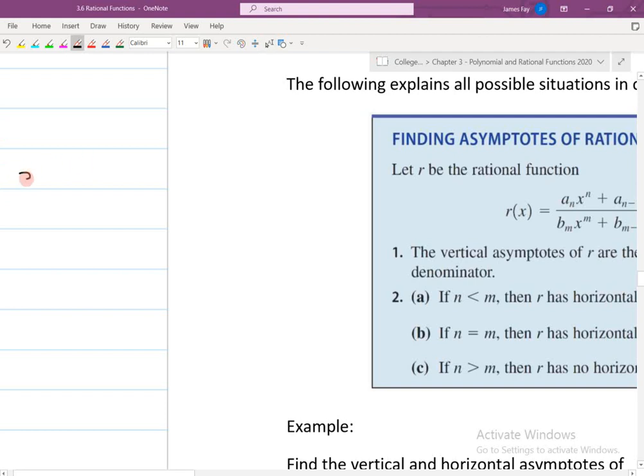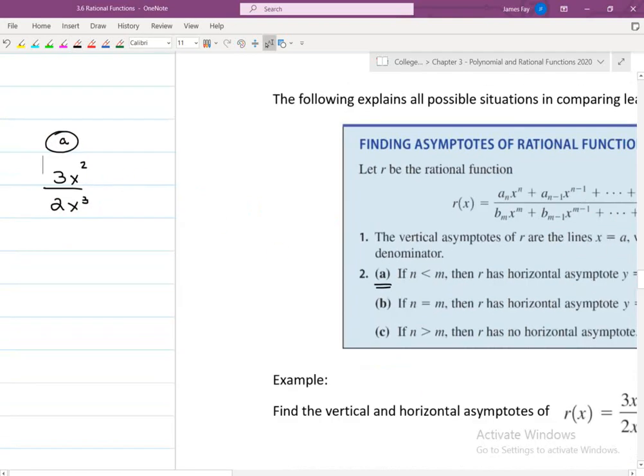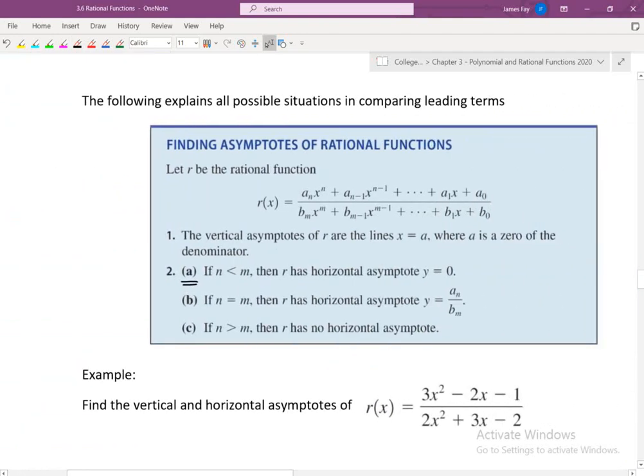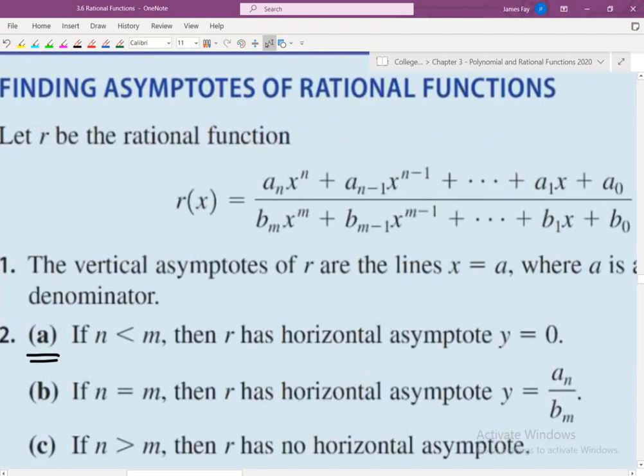The first scenario is when we have something like 3x squared over x cubed, and that is scenario A here. I always forget which is which, and it's different from textbook to textbook.